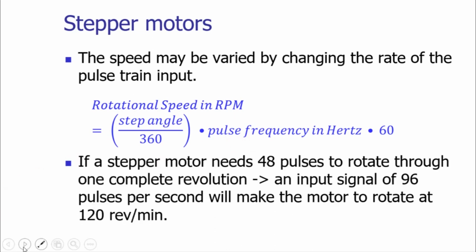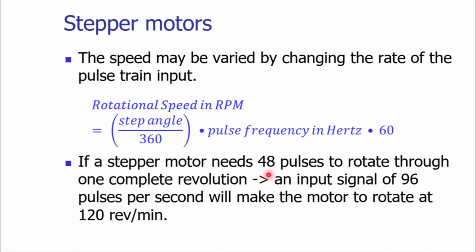So let us see a simple example. Consider a stepper motor. It requires 48 pulses to rotate through a complete revolution. To have a complete revolution of the shaft, we need to apply around 48 pulses.